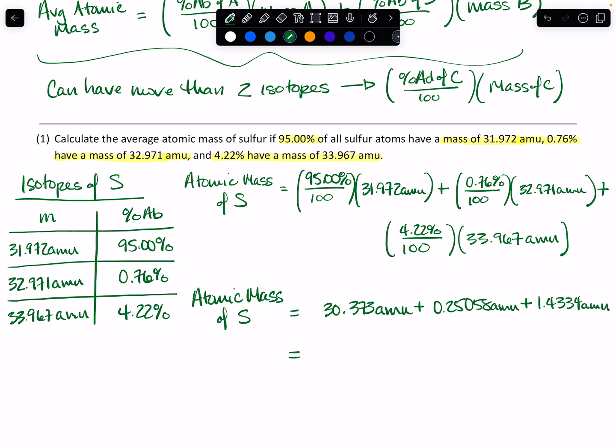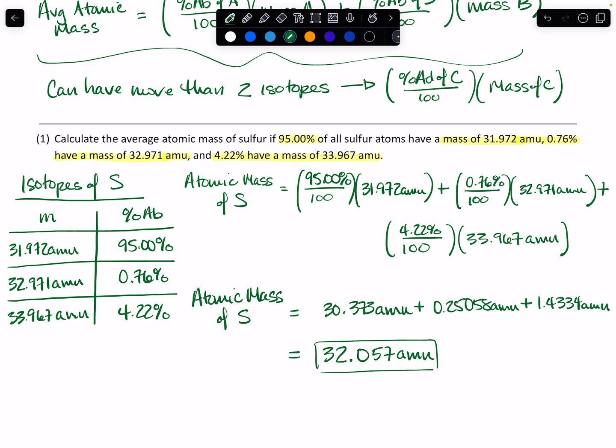If I add those all up, 32.057 AMUs. And in fact, our prediction was correct. The average atomic mass of sulfur is very close to that one isotope that has 95% abundance. If you look on the periodic table, your answer should be very close to what the periodic table tells you.